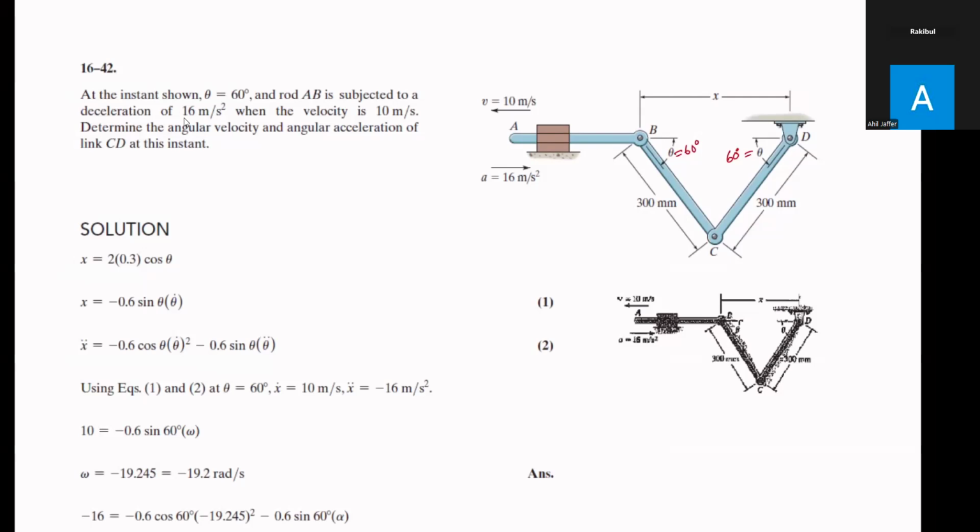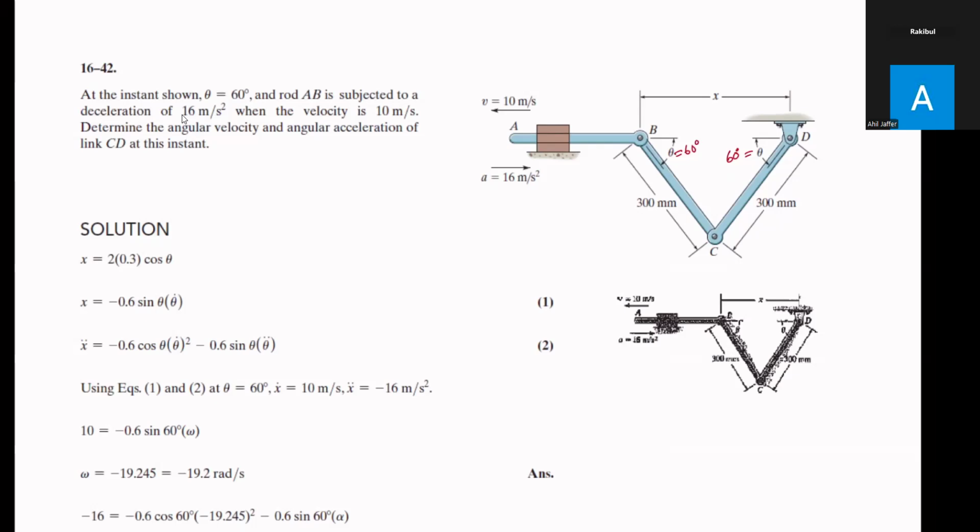Which one is it, alpha or A? Oh, it's acceleration.